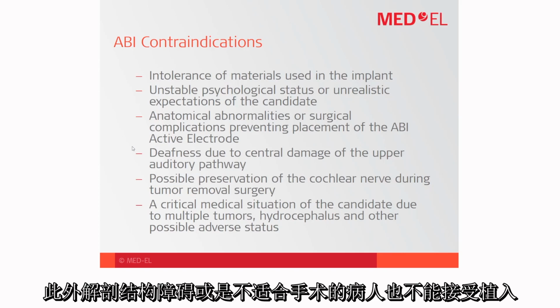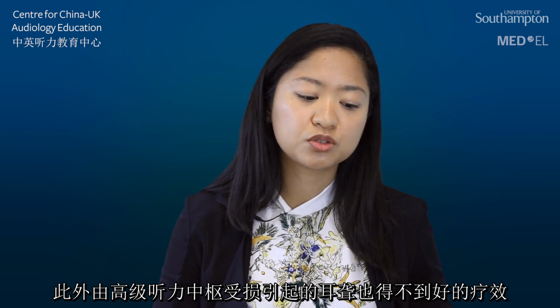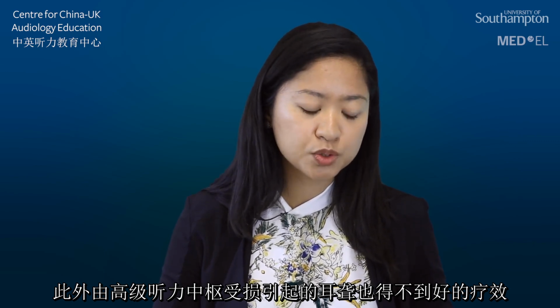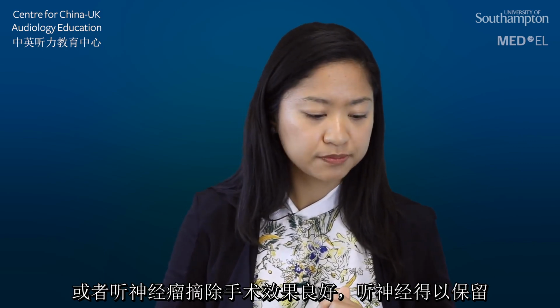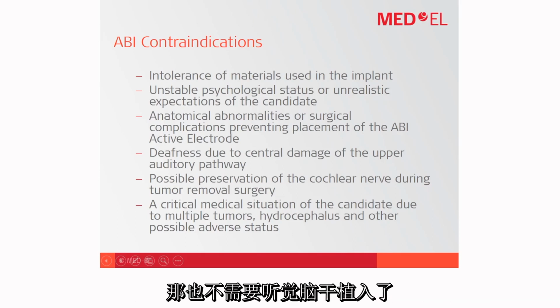Another contraindication is anatomical abnormalities or surgical complications preventing placement of the ABI electrode. If there's deafness due to central damage of the upper auditory pathway, that's also a contraindication. If during tumor removal surgery there is possible preservation of the cochlear nerve, then you wouldn't need an auditory brainstem implant.